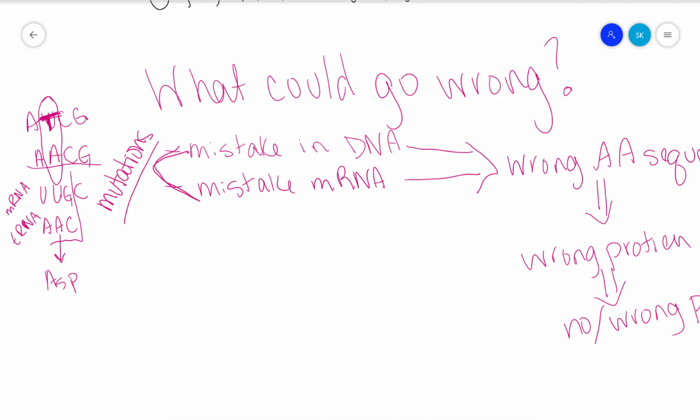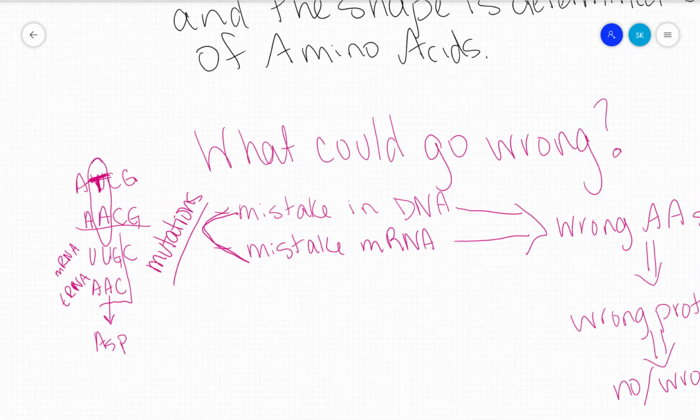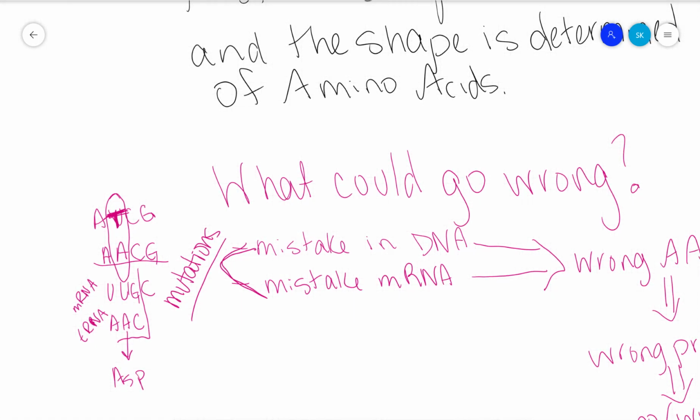Okay. Now let's take the original. So originally it was supposed to be ATC. So if I do mRNA from ATC, then I should get UAG. And if I do the tRNA, I'm just working backwards, tRNA, I get AUC. And AUC stands for isoleucine.